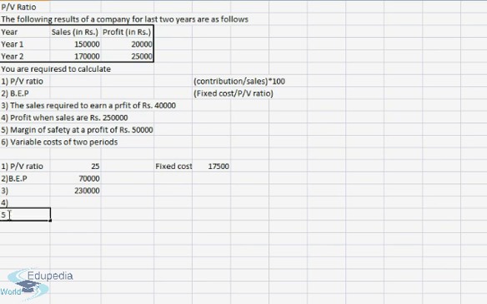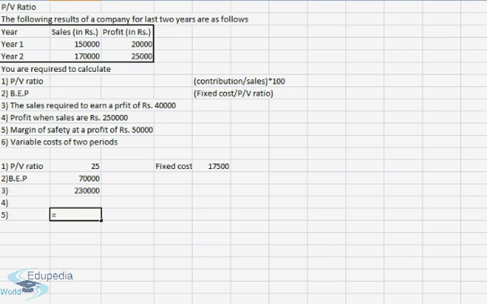So I come to the fifth point, that is margin of safety. Margin of safety is the amount of sales that is over the break-even point or break-even quantity. So here we can calculate it with the help of profit volume ratio.